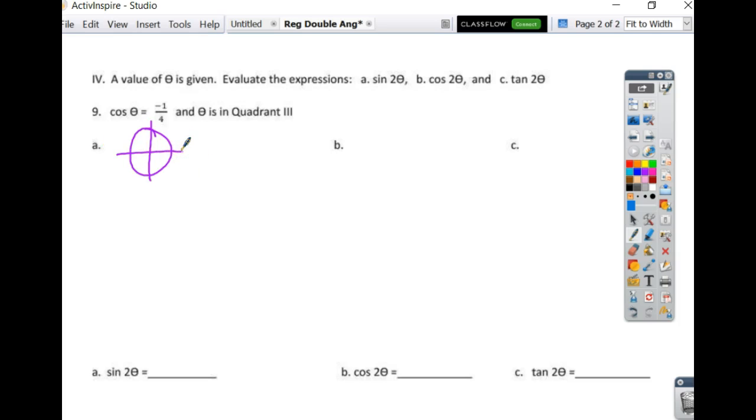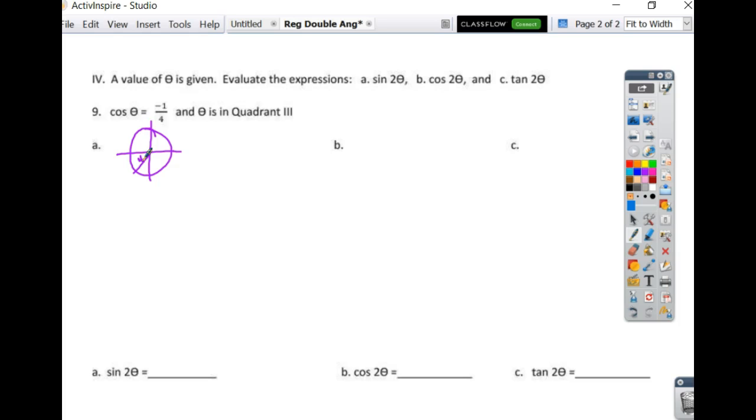First of all, it's negative 1/4, and it tells me it's in the third quadrant. So I know this is what it looks like. And just for the record, this is the radius. Always, it's from the origin to the circle, that's the radius. That's your bottom number. So the bottom number is 4, so this is 4.